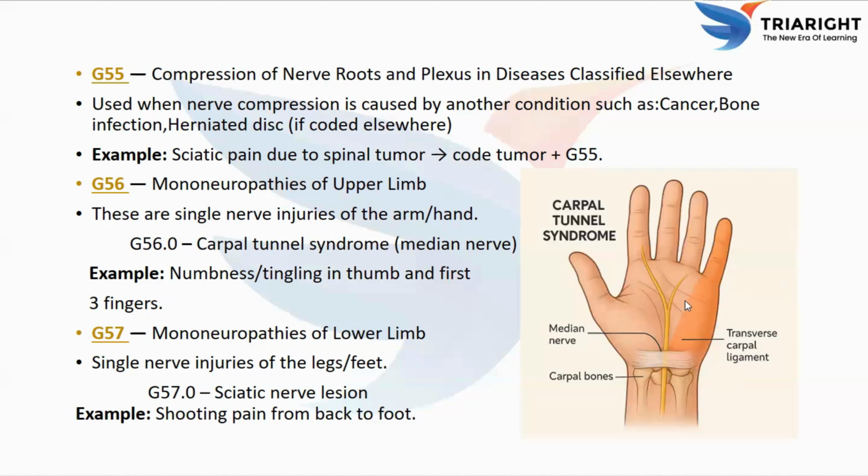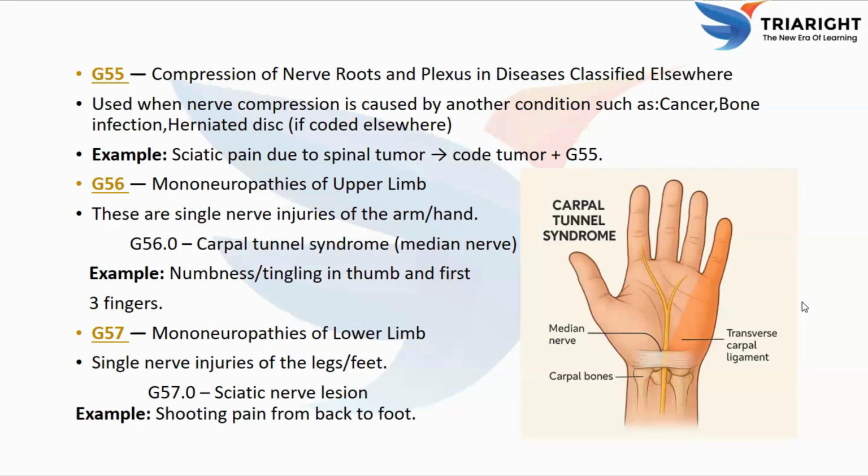Because the tunnel is already tight, even a small swelling can press on the nerve. You can see the swelling and compression in the picture. Because the median nerve is compressed, the person feels numbness, tingling, a burning sensation, and also pain in the thumb, index, middle, and sometimes the ring finger.